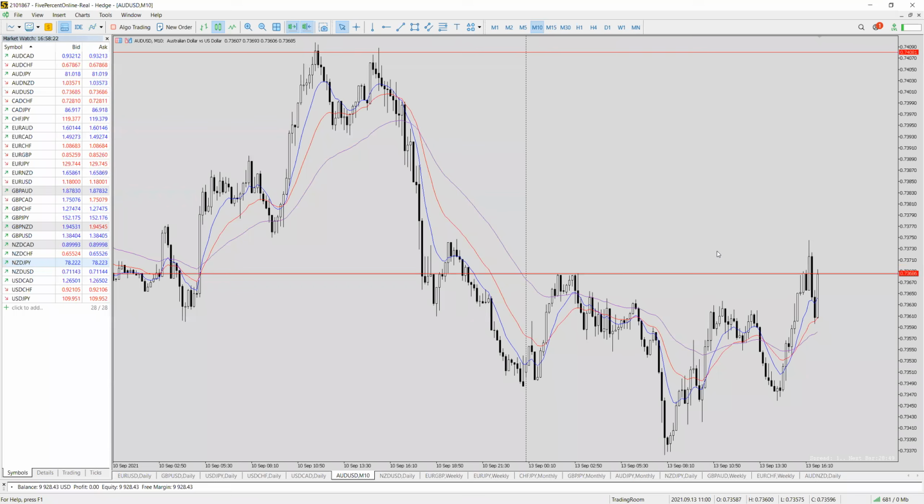The fact that you're not taking a trade doesn't mean you're lazy or you don't know what you do. Just taking a trade for the sake of taking a trade, just because you're in front of the chart, sometimes is worse than not taking a trade. So wait for the best signals, be patient, manage your risk properly, and have a successful trading week.